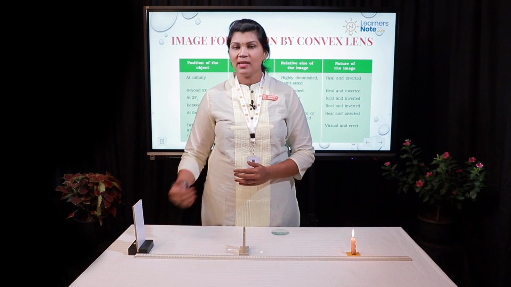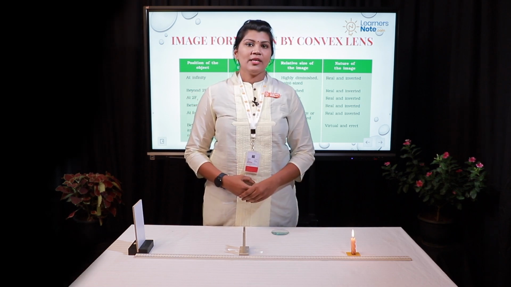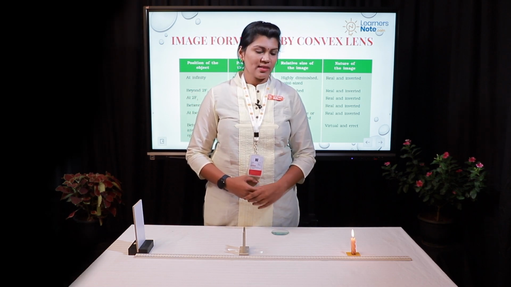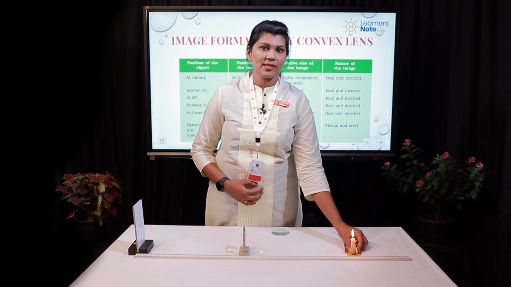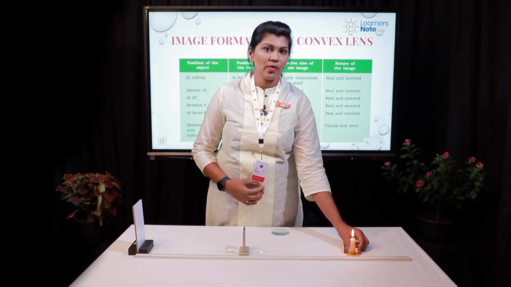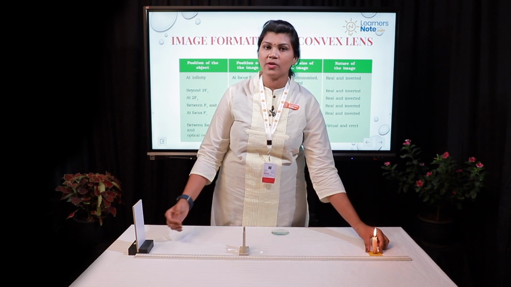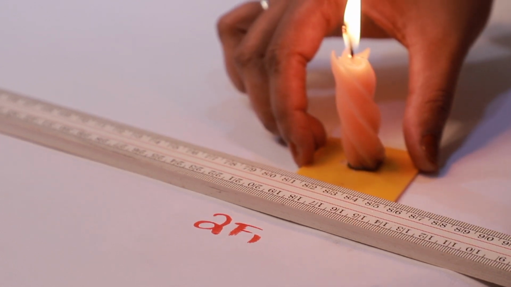So we can see that this image is a real one. And if we consider another case, that is if we change the position of this object, if we place the candle beyond 2f1, the position of the image and the nature of the image formed will be different.